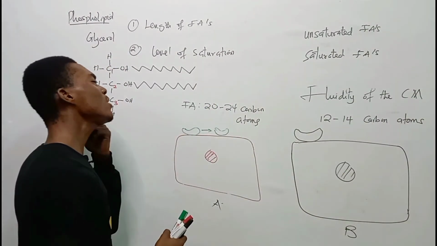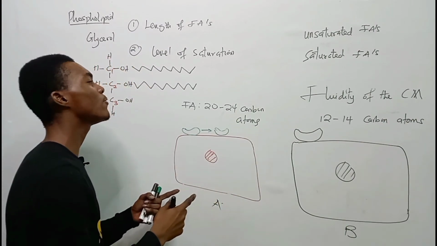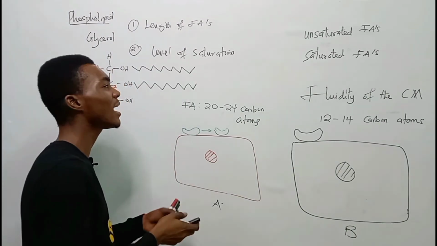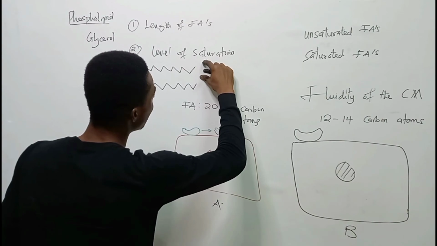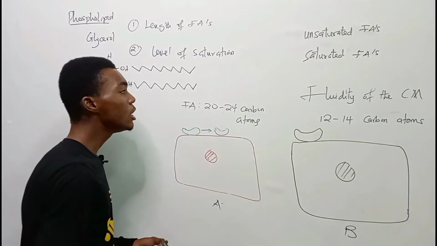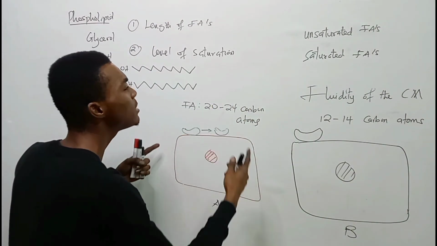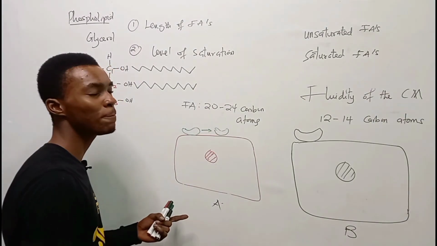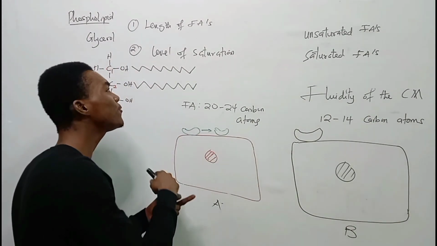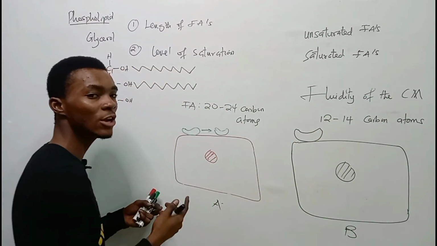And there are some commonly existing situations whereby for those groups of phospholipids in the cell membrane structure, one will be a saturated type and the other will be an unsaturated type of fatty acid. So this means that there are different levels of saturation of phospholipids in the cell membrane structure. And we are asking ourselves right now how these different levels of saturation affect the fluidity of the cell membrane structure. Is that okay? Awesome.